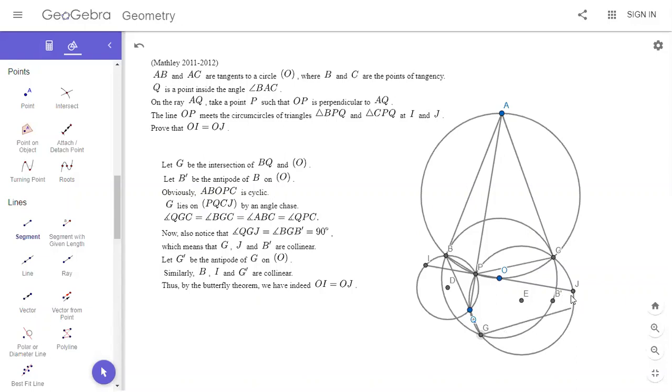Is that obvious that those points are collinear? So, how do you know that G, B prime, and J are collinear?